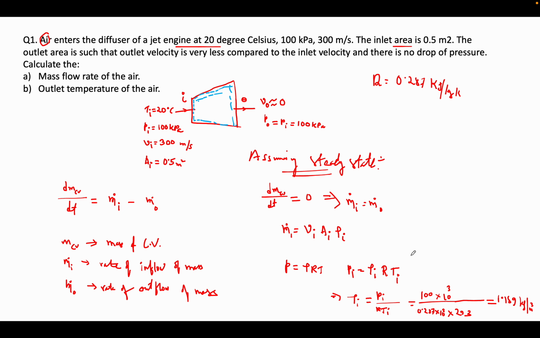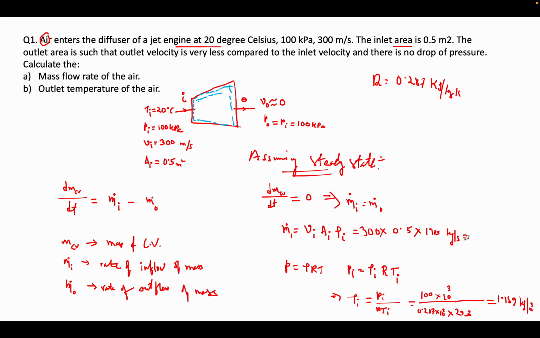Now we'll just put it here. What is V i? Our V i is 300 meter per second. What is A i? Our A i is 0.5 meters square. And what is density? Rho i is 1.189 kg per meter cube. So all this will cancel each other and you will get kg per second.